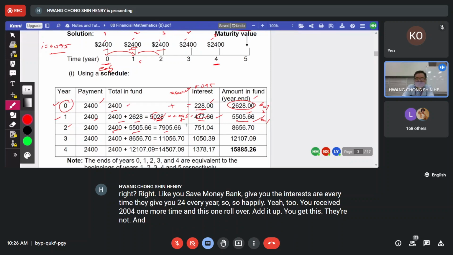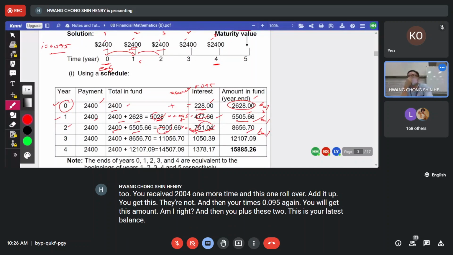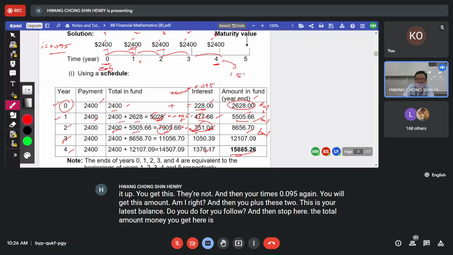And then you times 0.095 again, you will get this amount. Am I right? And then you add these two. This is your latest balance. Do the same for year 4. And then stop here. The total amount of money you get here is 15,885.26.